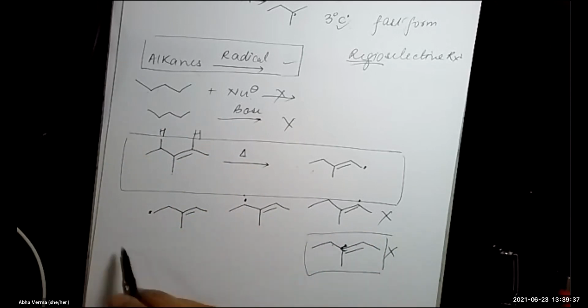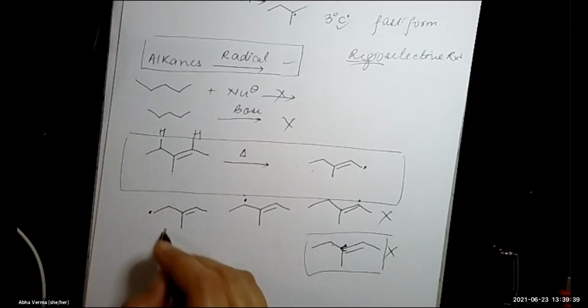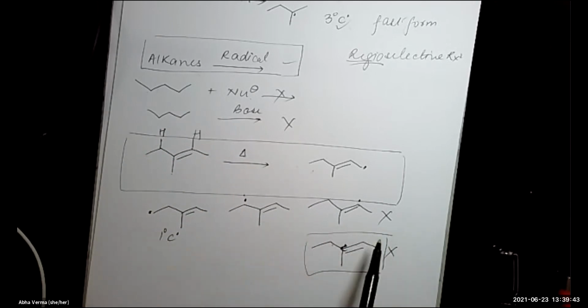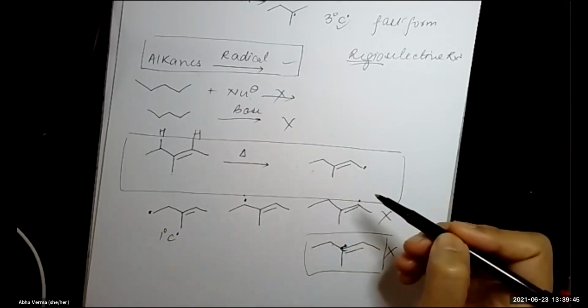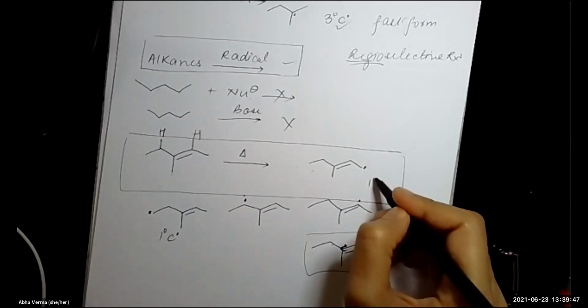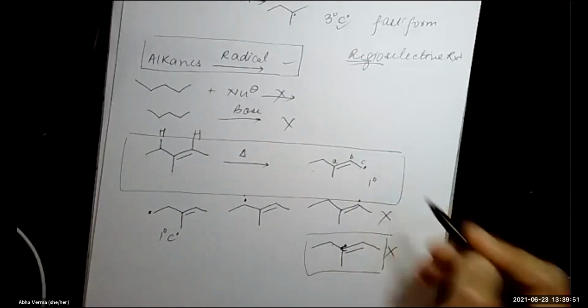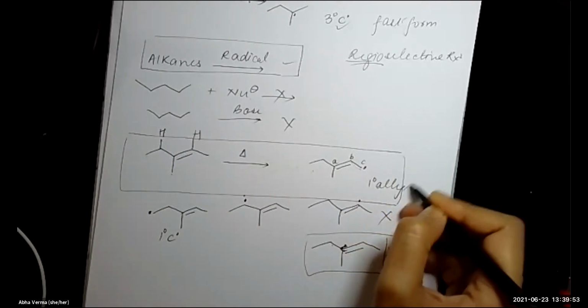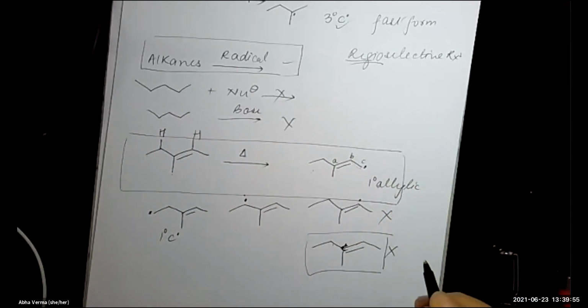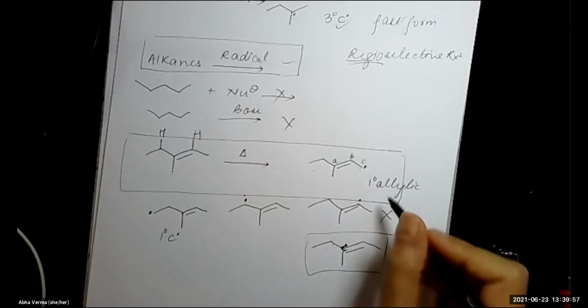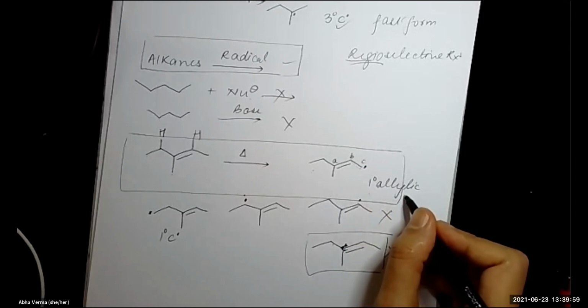Now looking at all of these, this is definitely a primary radical. What kind of a radical is this? This is also a primary radical, but please recognize the allylic position here. So primary allylic, very stable.